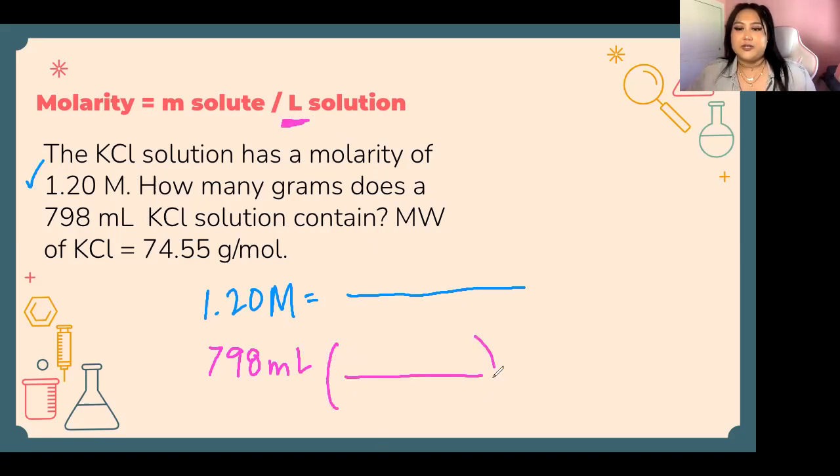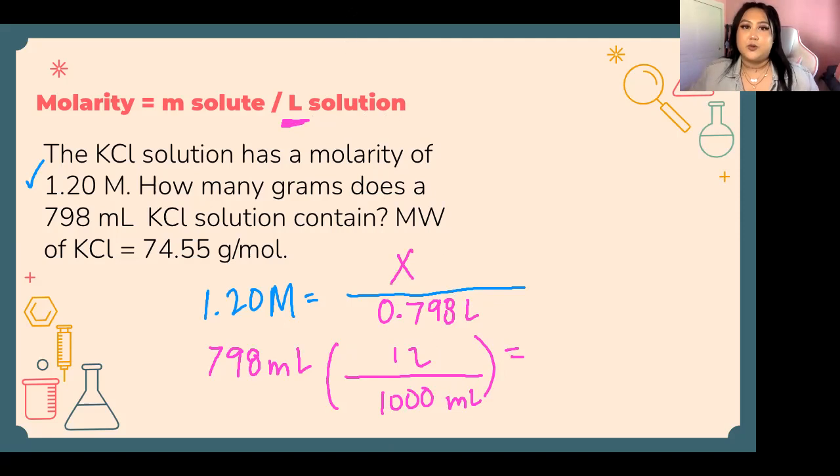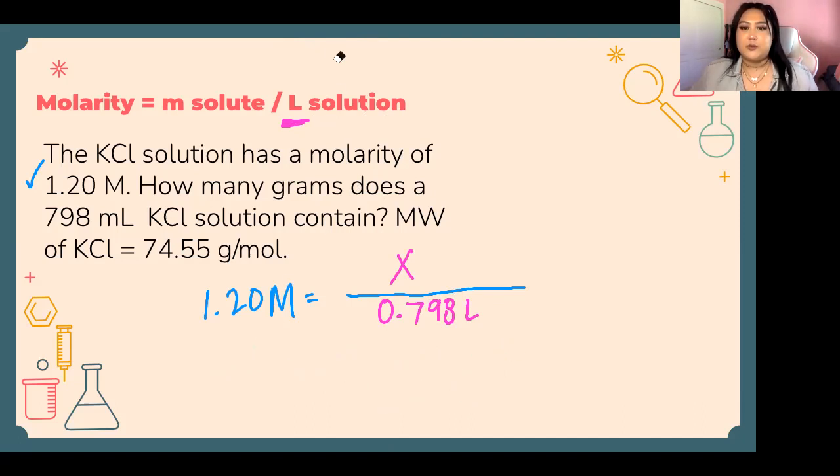So we have to convert it. Milliliters to 1 liter, that's a conversion factor. Vivian already gave it to us. And we're solving for X, which is moles of solute. So what is the moles that we end up with?